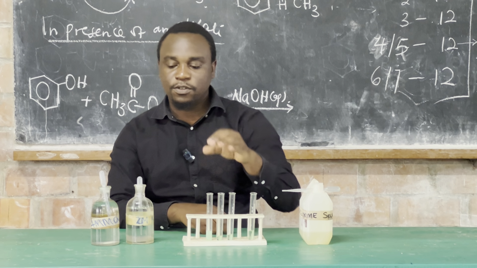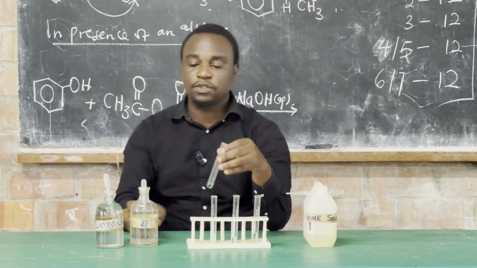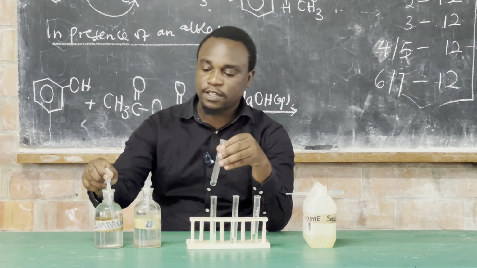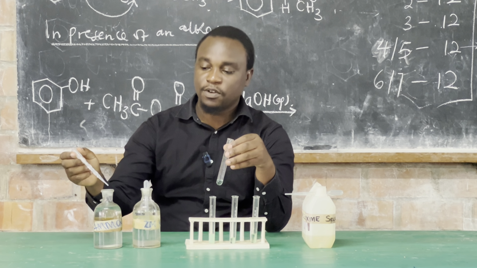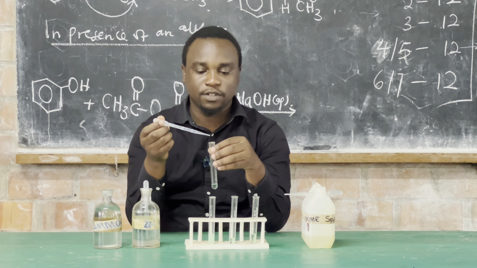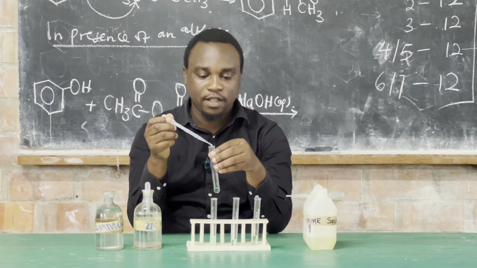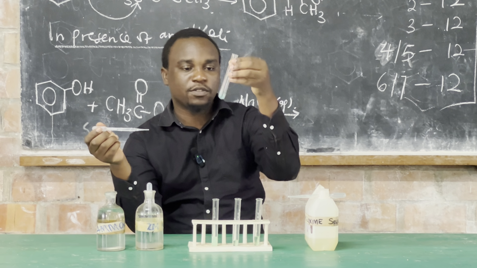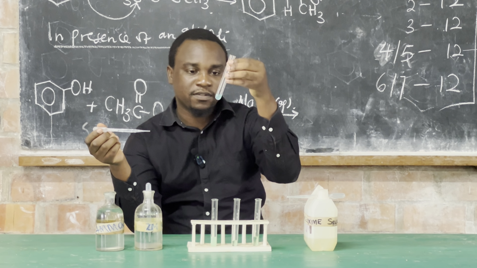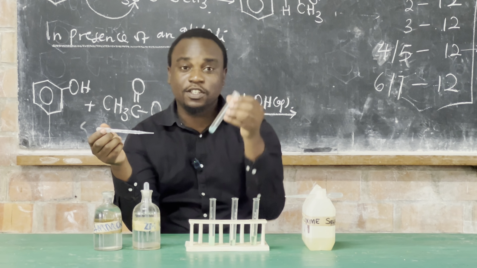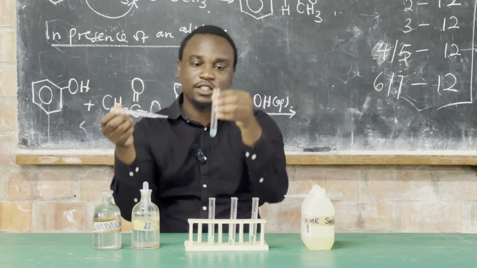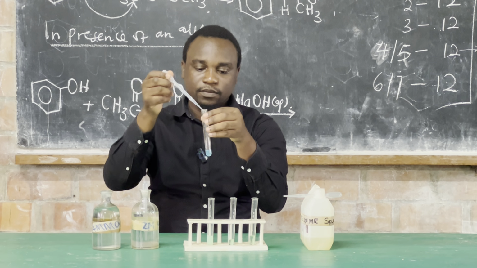So next, we shall use ammonia solution, and we see what happens when we add drops of ammonia solution to our analyte solution. So when I add a few drops of ammonia solution, we observe a green precipitate still, and I'm going to add it until in excess.